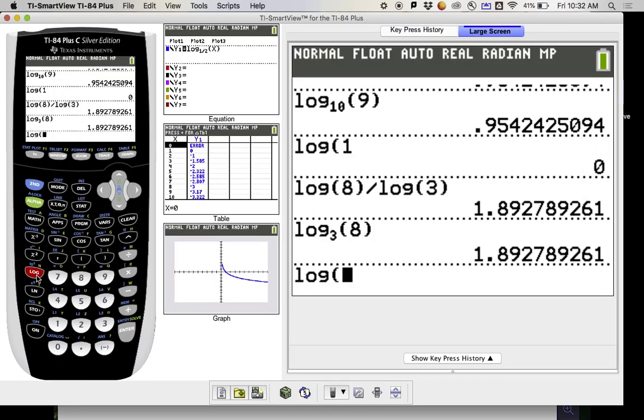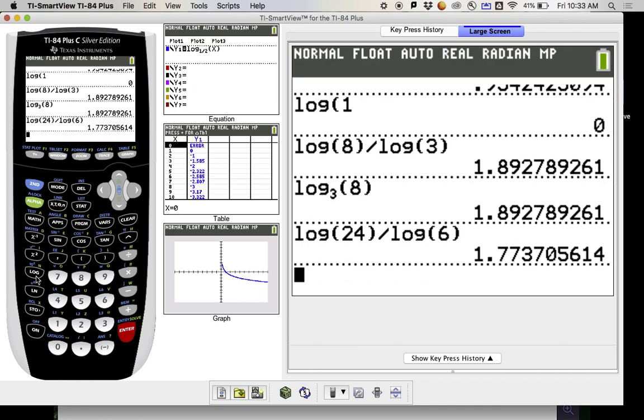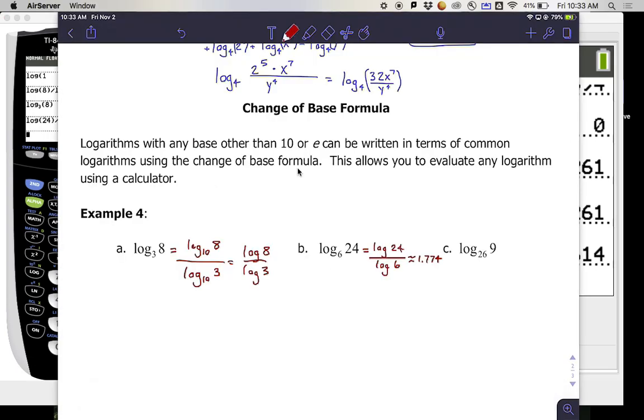So as far as which way you type it into the calculator, it doesn't really matter. So log 24 and then log of 6. And then that comes out to approximately 1.774. And let's see here. They didn't ask us to do any rounding, so we'll just write it as 1.774.